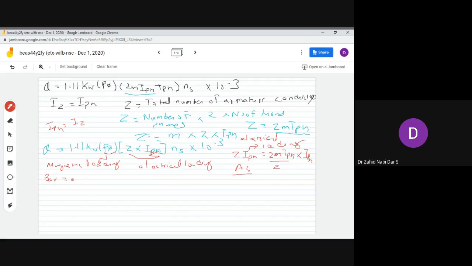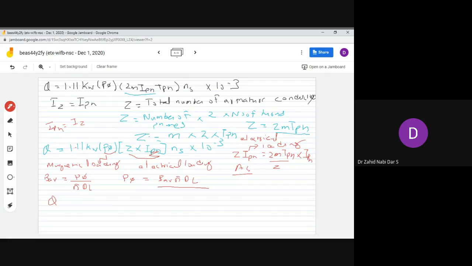BAV is what? P phi by area, area by dl. So P phi I can write in terms of BAV into pi dl. So in other terms, P phase is equal to B average pi dl. So instead of P phase, I can write BAV pi dl.